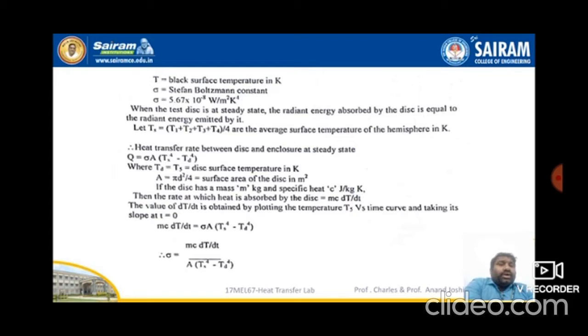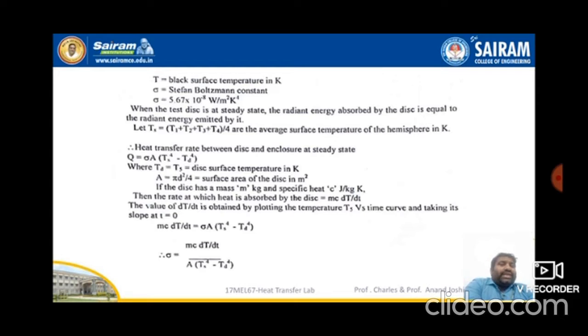What we have to do to calculate dT by dt, that is the temperature gradient, is plot the graph of temperature T5 versus time. Then we take the slope at t equal to 0.